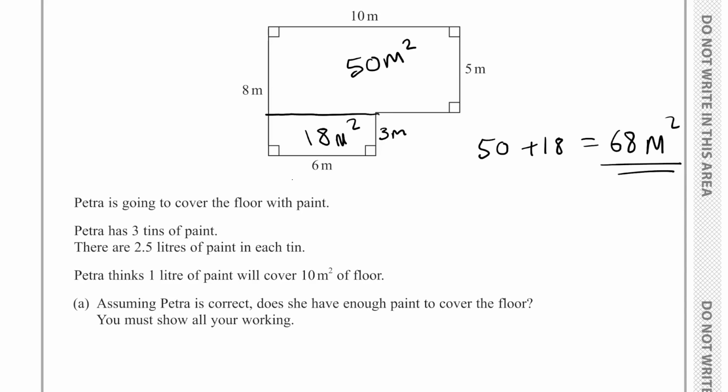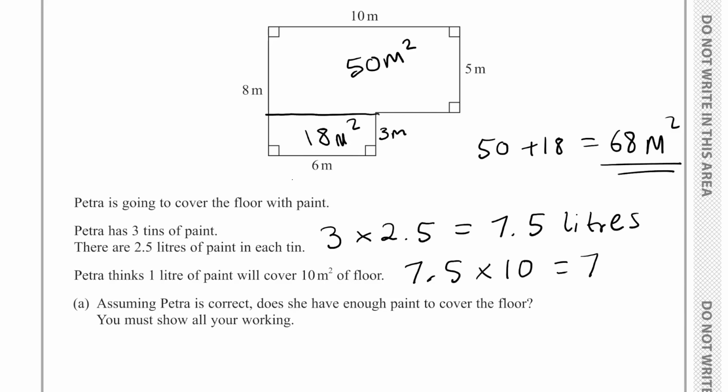We've got 3 tins, 2.5 litres of paint in each tin. So 3 times 2.5. So 2.5, 5, 7.5. 7.5 litres. 1 litre covers 10 metres squared. So 7.5 times 10, 75 metres squared.